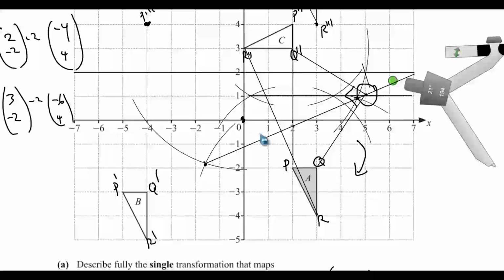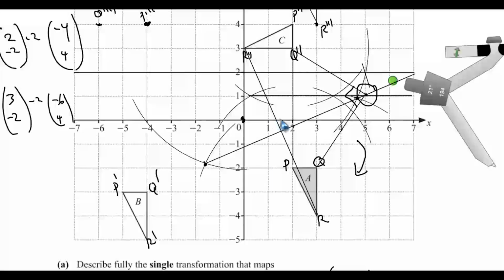From the center of enlargement, if you count -6, it will be here. Then 4 will be here. So this will be the point. That will be Q prime prime prime prime, 4 times.